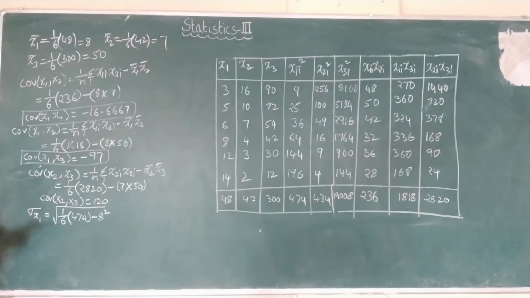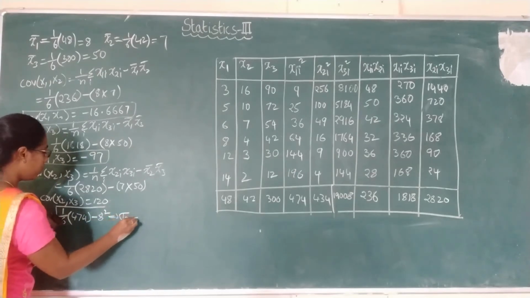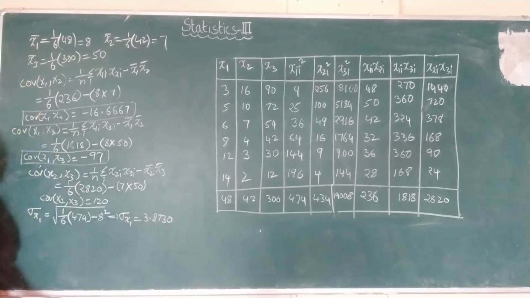So 474 divided by 6 minus 8 square. Take the square root of that answer, and you will get sigma x1 as 3.873. So sigma x1 equals 3.8730.